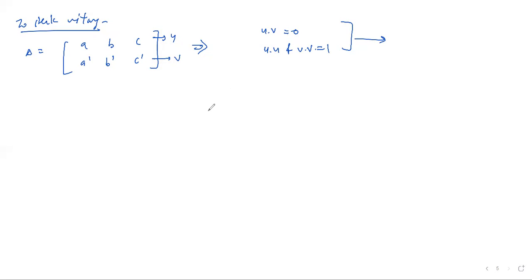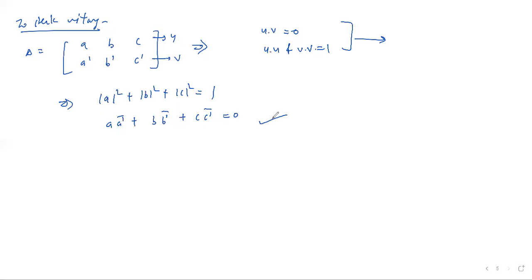So for this we can say that mod of A squared plus mod of B squared plus mod of C squared has to be equal to 1, and A dot (A transpose conjugate plus B transpose conjugate plus C transpose conjugate) is equal to 0. Okay, so then we can say that these are unitary matrices, for checking unitary matrices.